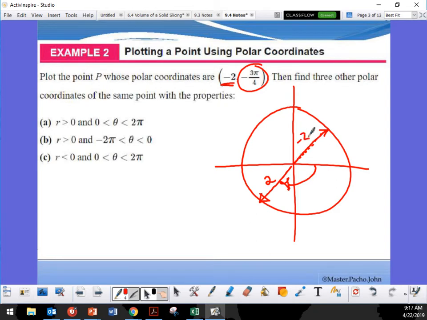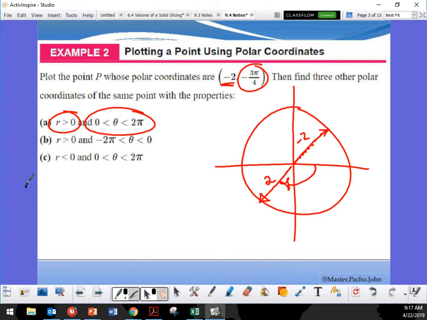Yes? Okay, so now rewrite it using r greater than 0 and theta between 0 and 2 pi. How can I rewrite that now? If this is 3 pi over 4 to here, what's this one over here? Pi over 4.